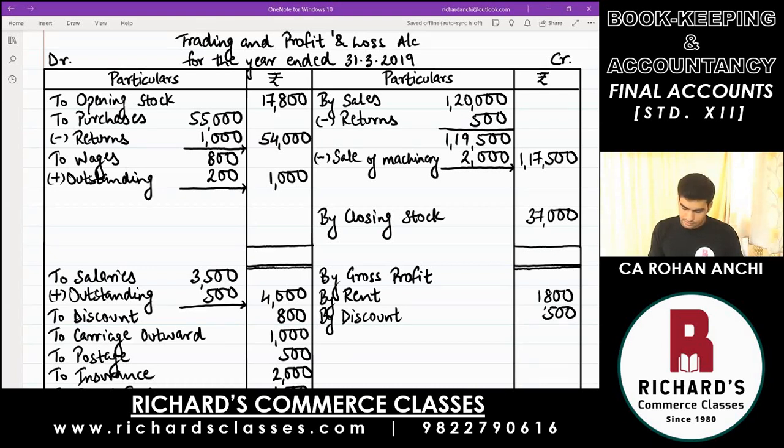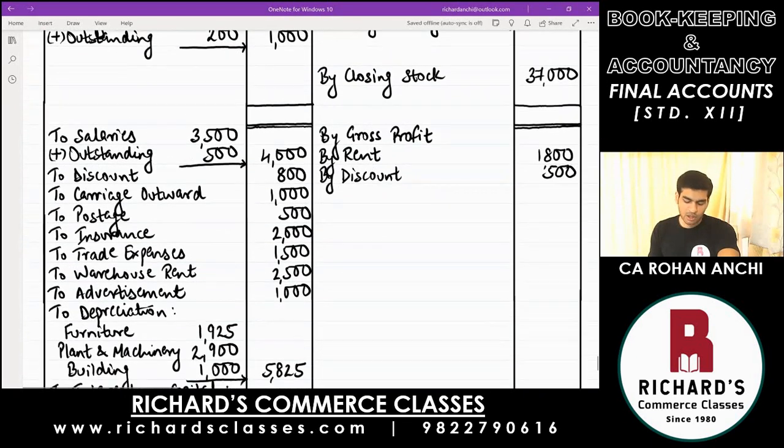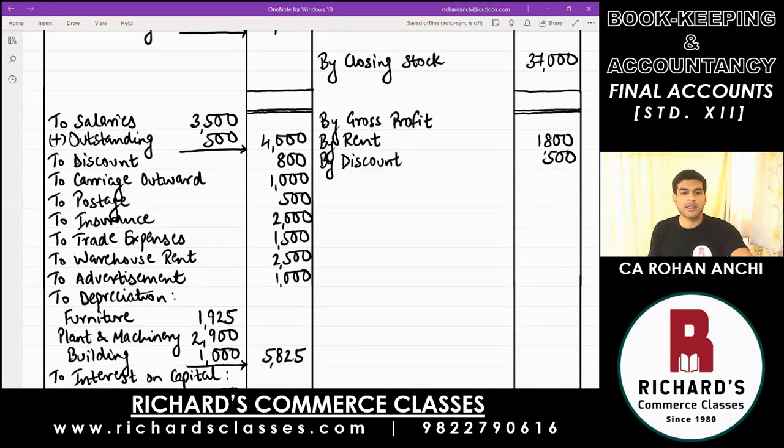Sir, you've missed one thing in the trading account debit side. What is that? Warehouse rent. Warehouse rent we have taken to profit and loss account. That is not in the trading account. Factory rent and warehouse rent are two different things. Whenever they talk about factory, that will go to the trading account. Warehouse is somewhere where you only store goods.